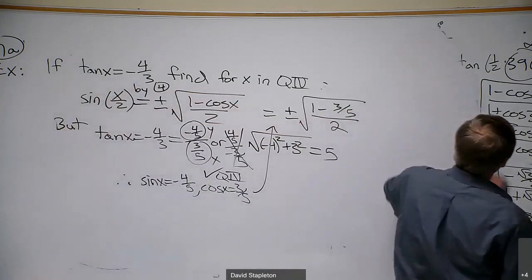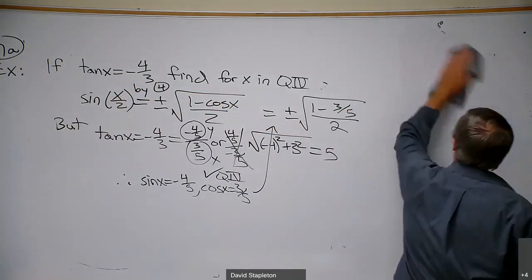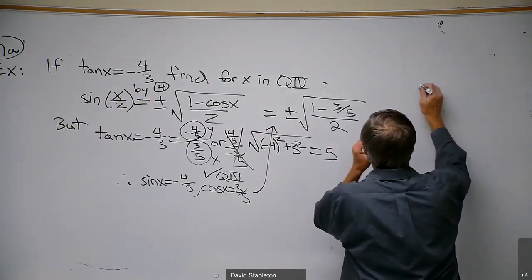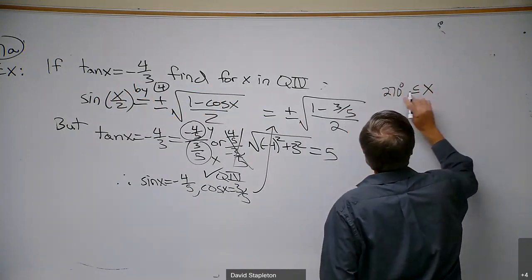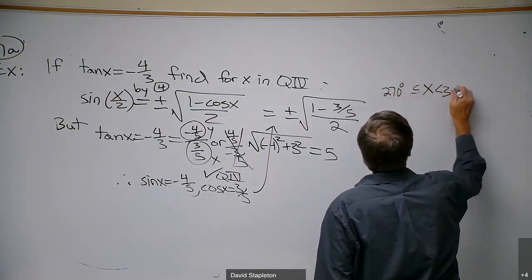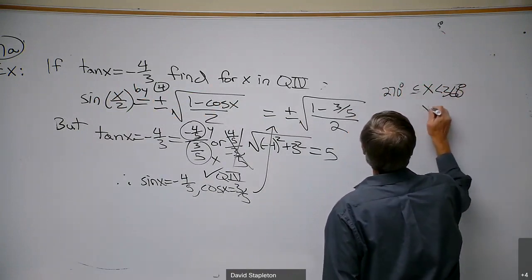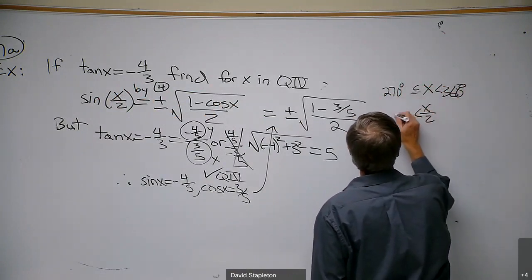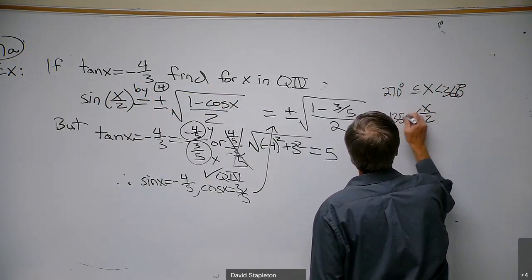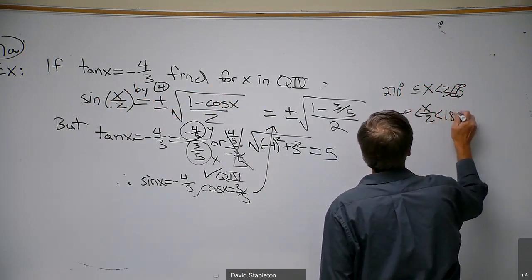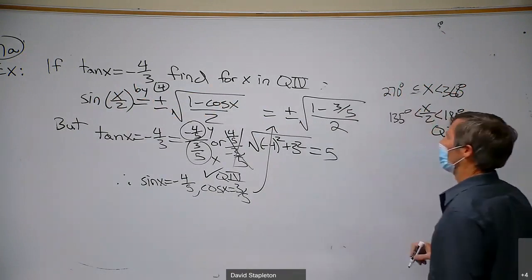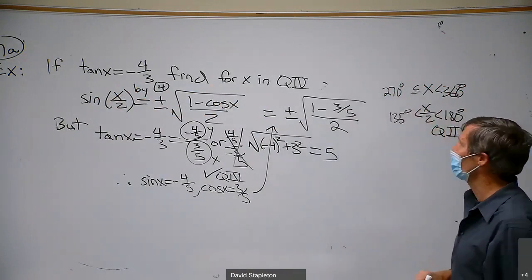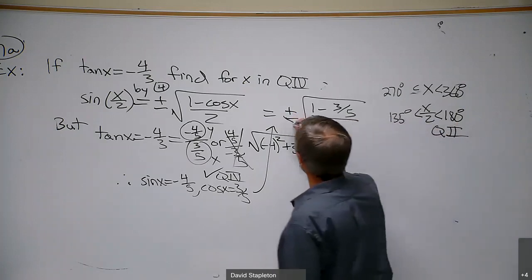So it has this trick. You go back and look at the original angle. In quadrant 4, x is between 270 and 360, right? So divide through by 2, and x over 2 is between 135 and 180. It's actually in quadrant 2.